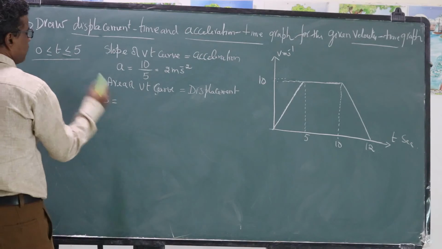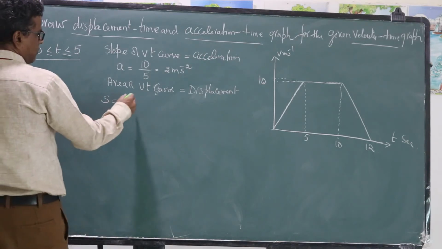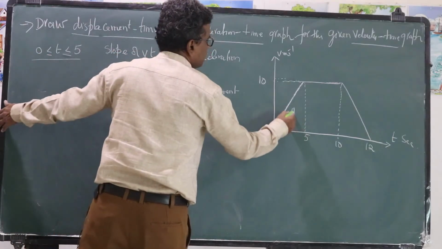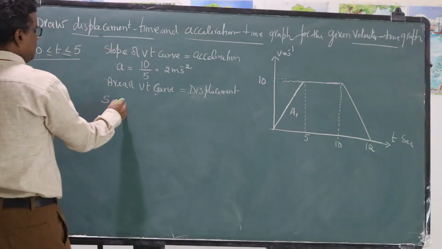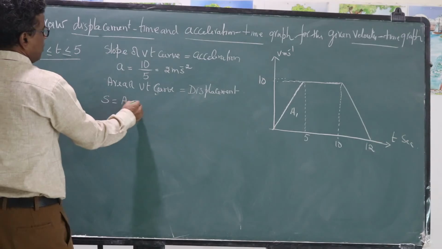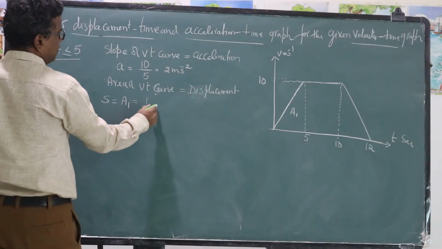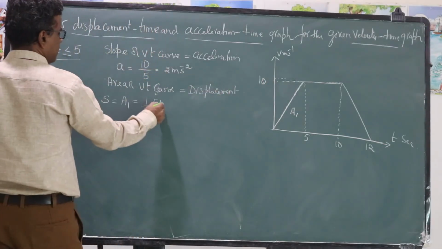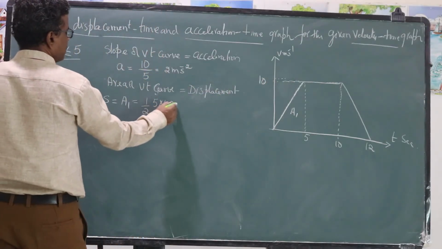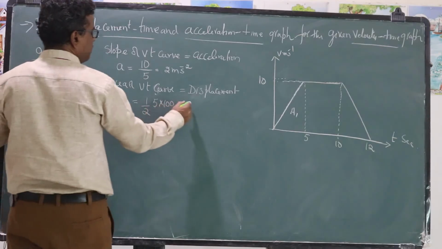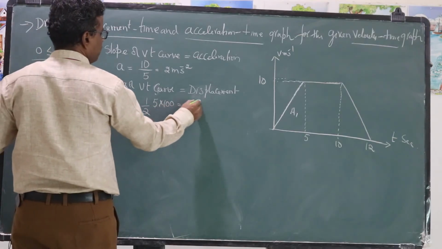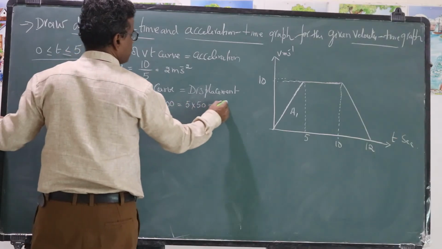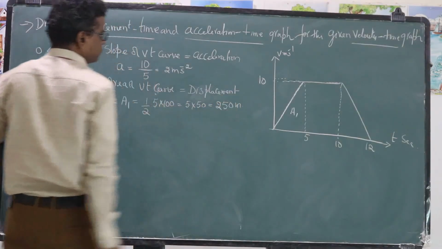S is equal to the displacement, the area of the VT curve. What is the area of this one? Let it be A1. A1 is how much? Half into base into height. Base is 5, height is 10, so half into 5 into 10 is 25, that is 5 into 50 by 2, 250 meters.